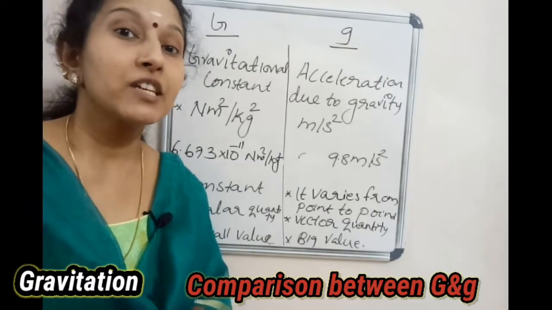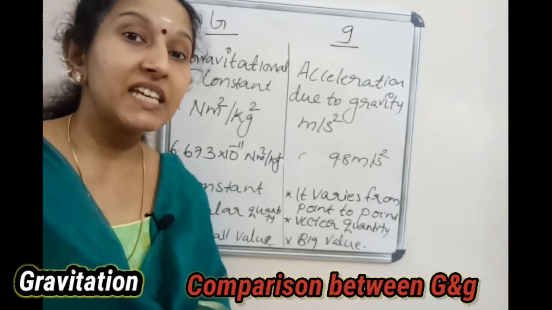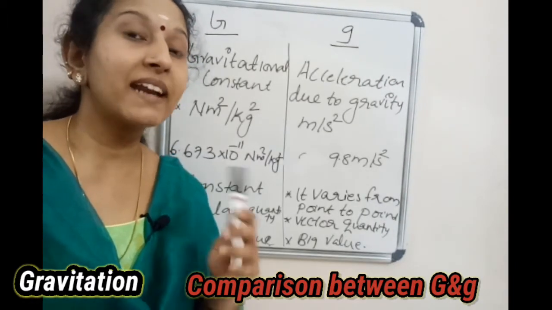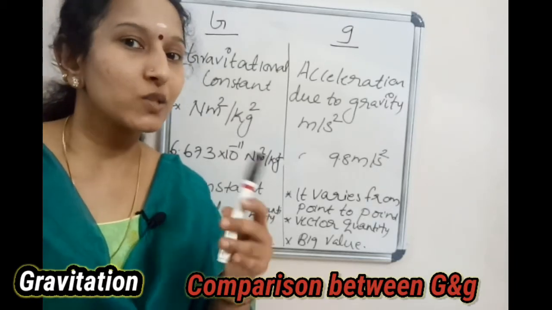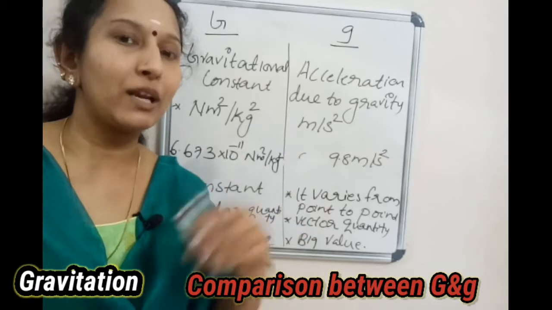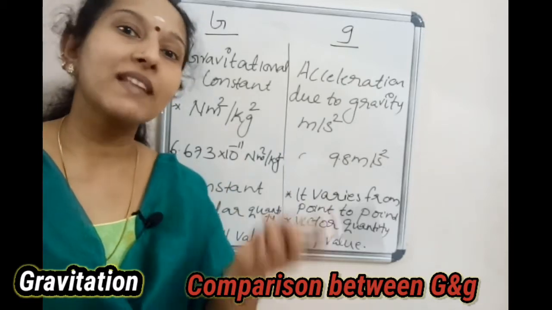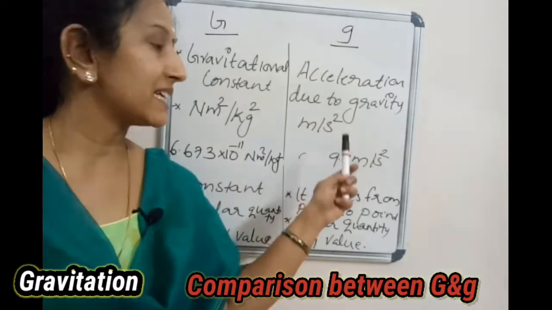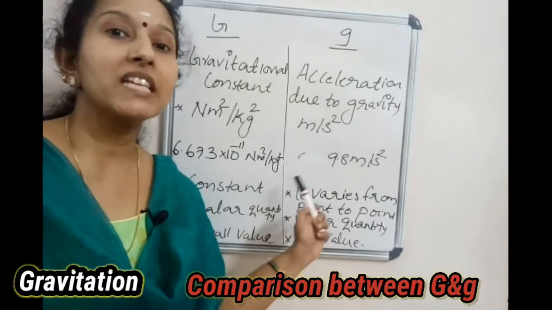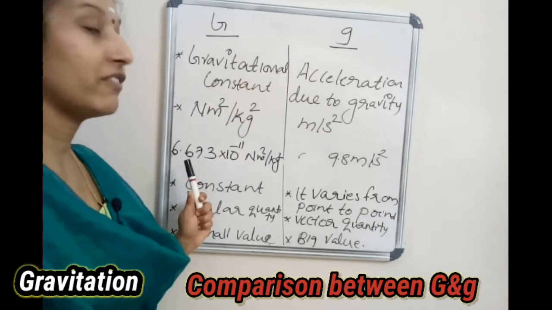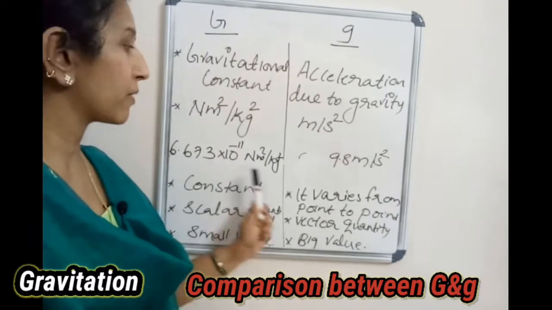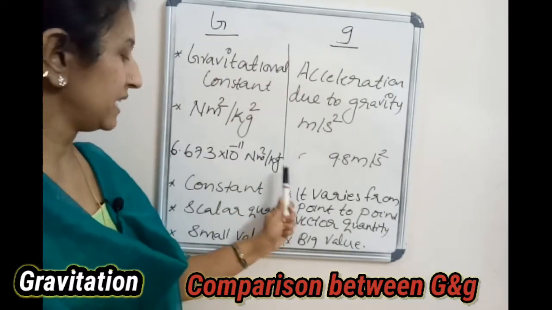The value of small g is greater at the poles than the equator, right? So there itself, two values. Greater at the poles than the equator, which means g is not a constant. It varies from point to point, but capital G is a constant. Wherever we go, we use the same number for capital G.